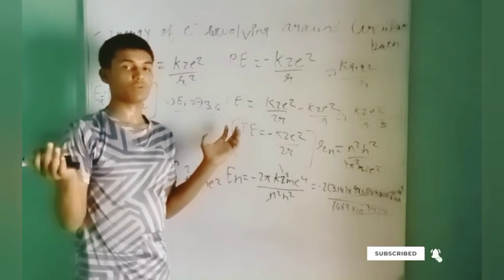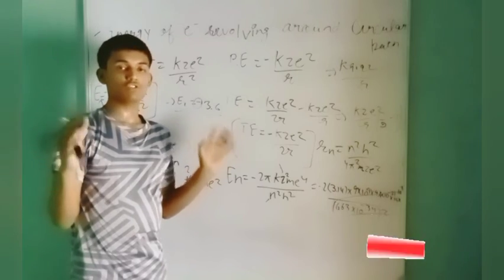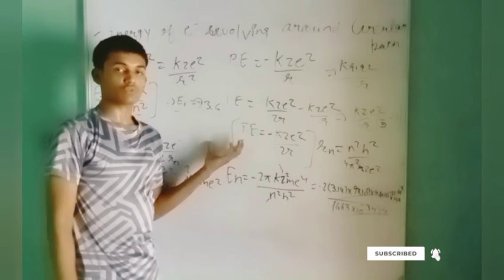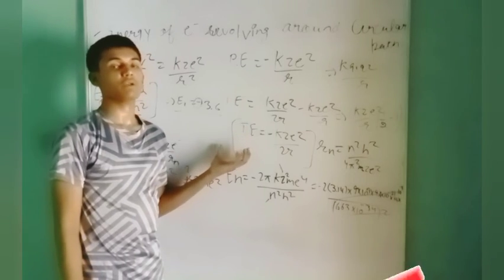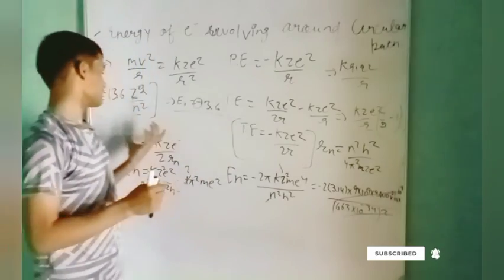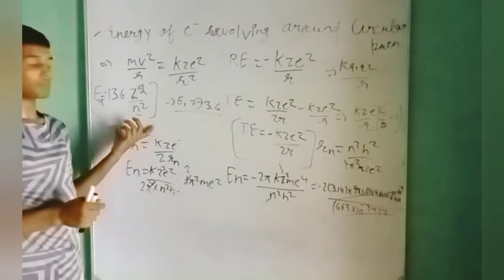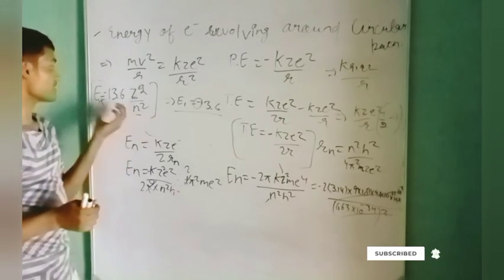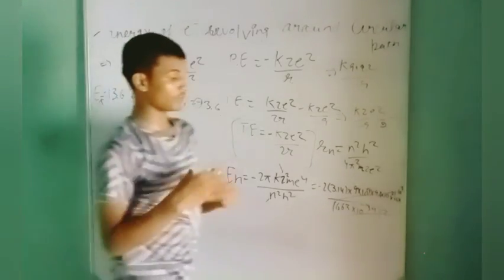If the size of the orbit increases, then the velocity also increases. We need more velocity and more energy to revolve around that circular path. So that is the proof, because of the minus sign, when n increases then E also increases. So that is our topic.